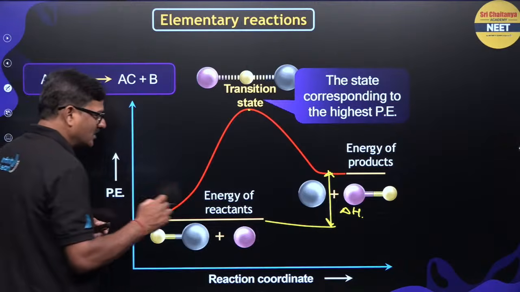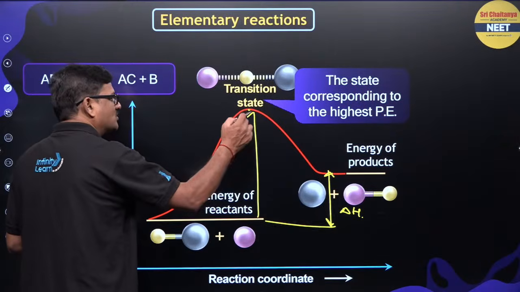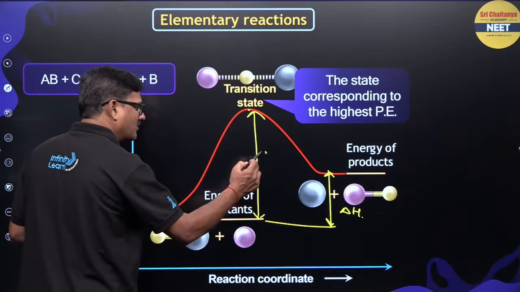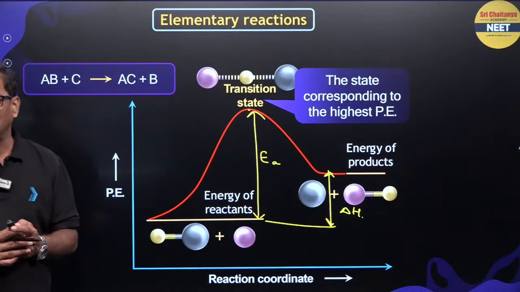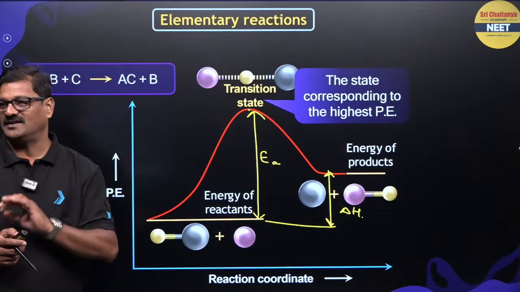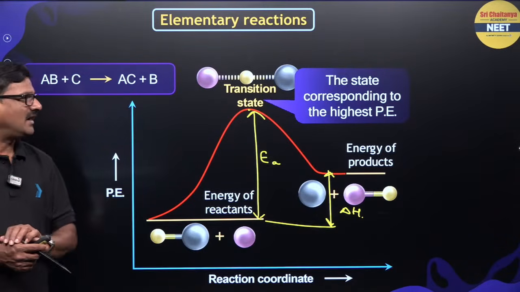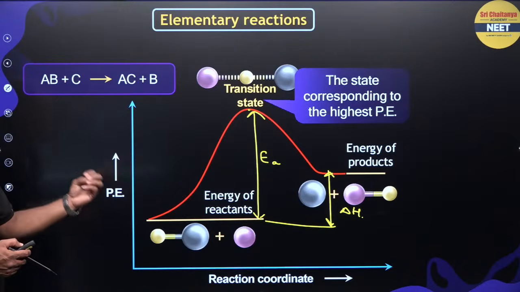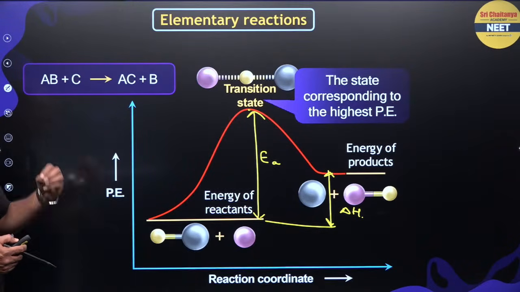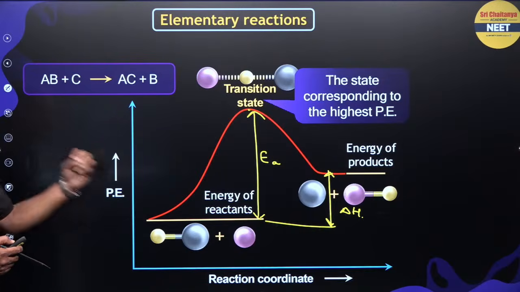And to reach the threshold energy, the reactant needs some energy given from outside, and that is called activation energy. Okay? And this activation energy depends on various reaction conditions and reaction rates.